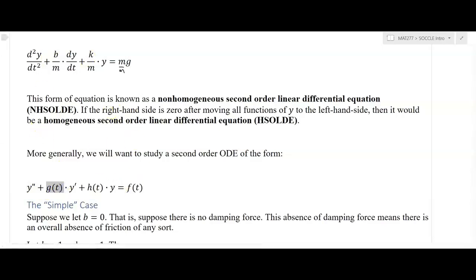So we're just broadcasting forward, foreshadowing what's to come later. Same thing here. This in general doesn't have to be a constant. It could be some function of time. And this over here can also be some function of time. And so this would embody the non-homogeneous second-order linear differential equation that we want to study.